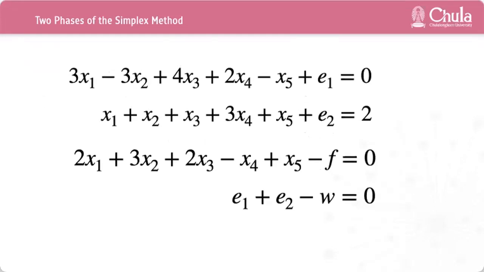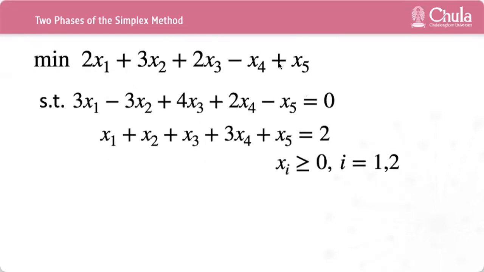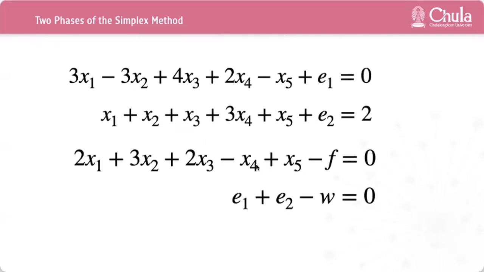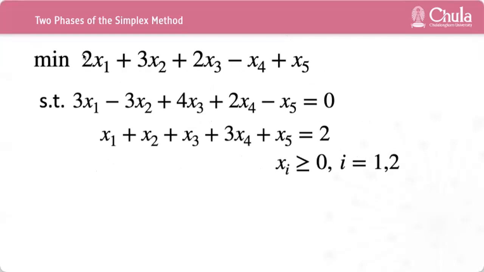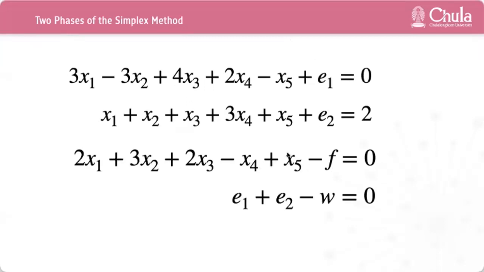And then we write the objective function. Our objective function f is 2x1 plus 3x2 plus 2x3 minus x4 plus x5, right?